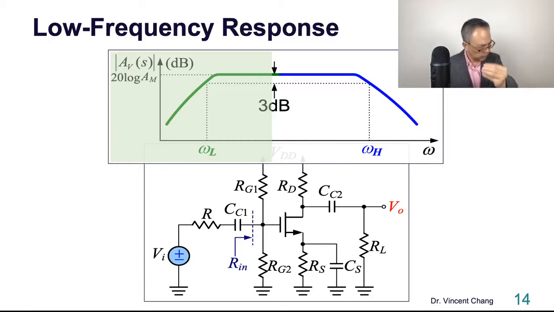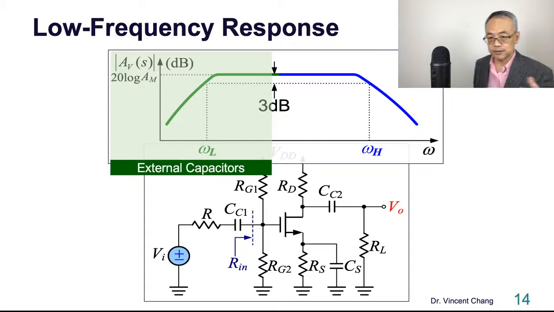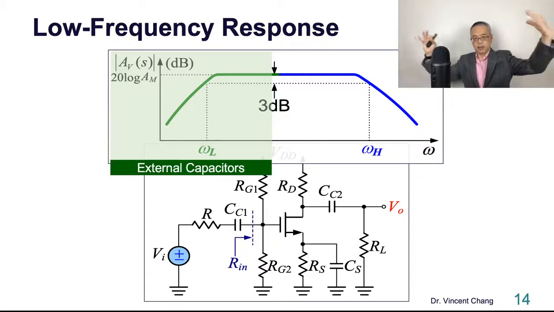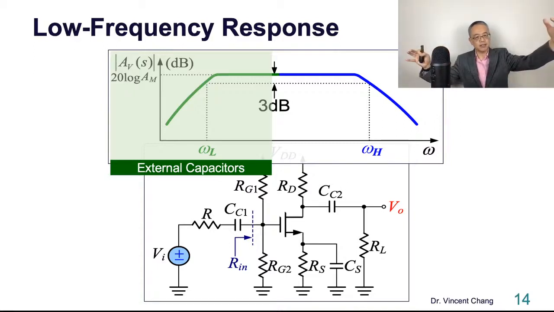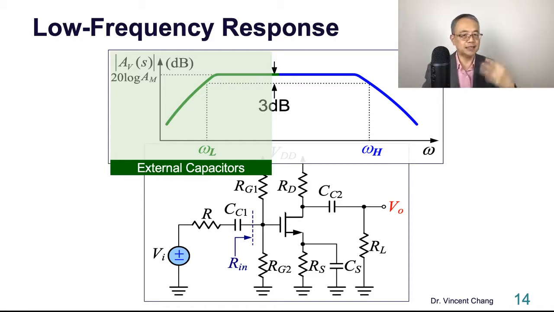The external capacitor. CC1 and CC2 are coupling capacitors, and CS is the source bypass capacitor. So it's because of the external coupling and the external bypass capacitor.